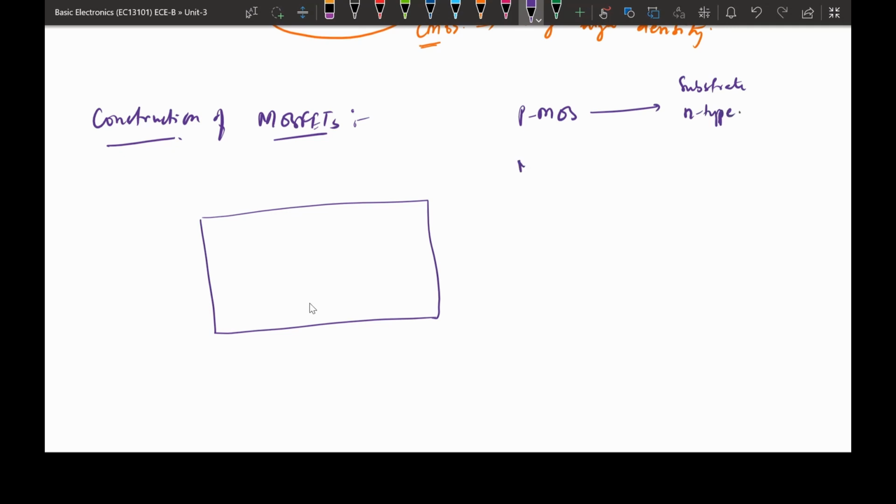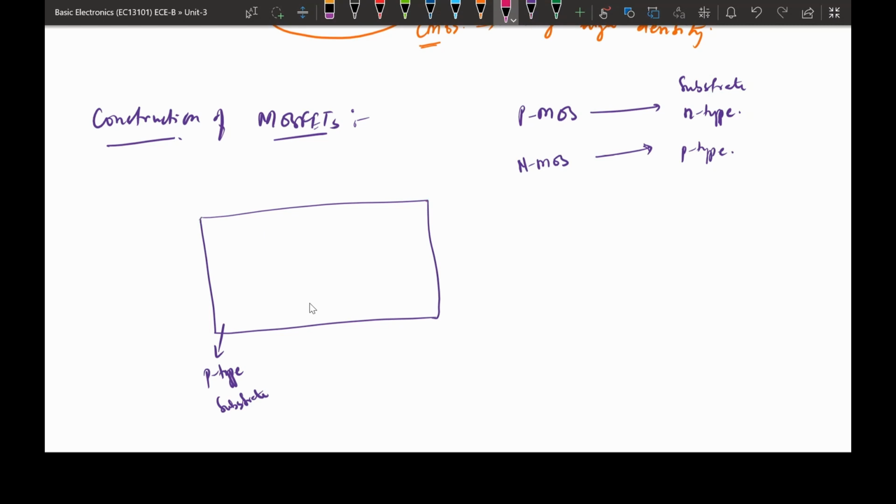If we want to fabricate an NMOS, then we take a P type substrate. Substrate means a base on which we will be depositing further layers.